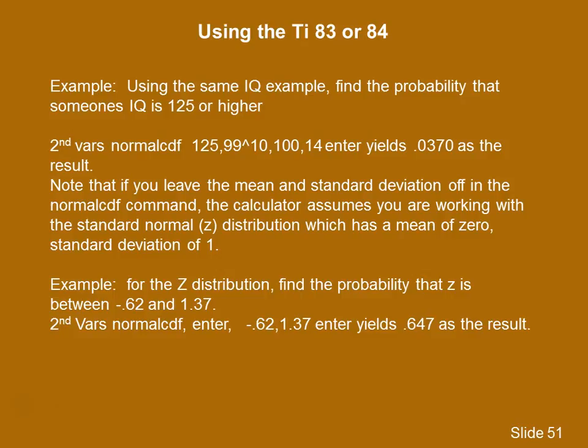Well, you can't put infinity into the calculator, but you can put some very large number. I often use 99 to the 10th power, which is what I use in this example. So press second, VARS, normal CDF, 125, comma, this is 99 raised to the 10th power, comma, 100, comma, 14. Hit the enter button, and you should get a probability of 0.0370.